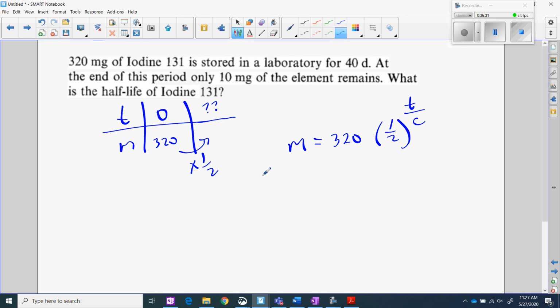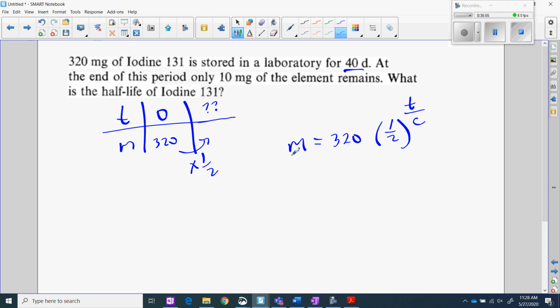We need to calculate it. They'll always give you some other piece of data that you're going to substitute. What I do know is after 40 days, when t is 40, the mass is 10.